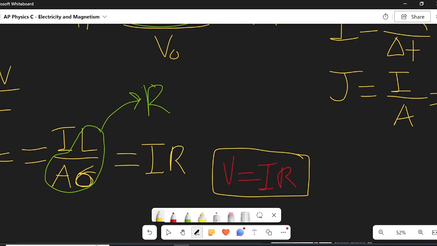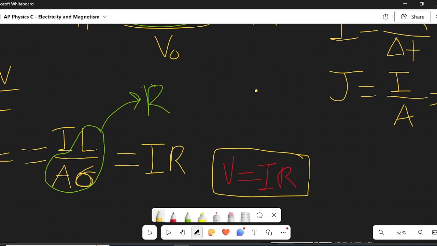So now going on, the resistance is in the form of ohms, which is volts divided by amperes. And if we look at this formula from earlier with conductivity, we can actually replace the conductivity. 1 over conductivity is something we will call resistivity, and we will represent this through the rho.